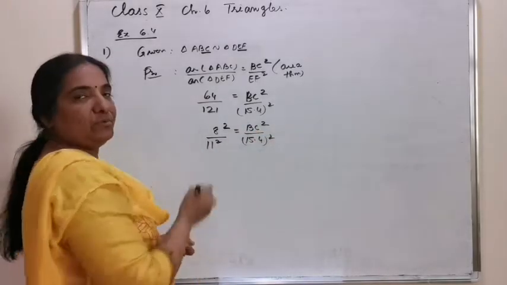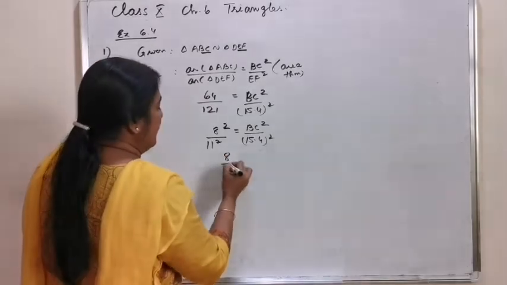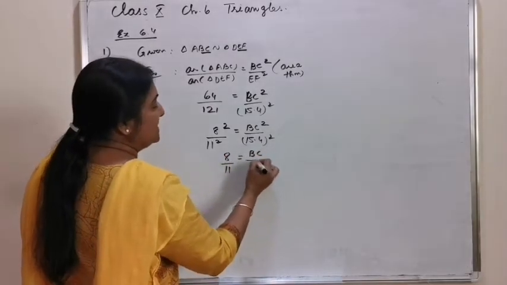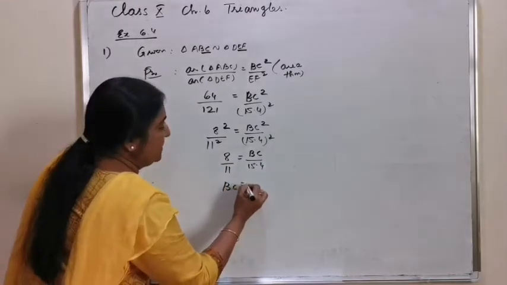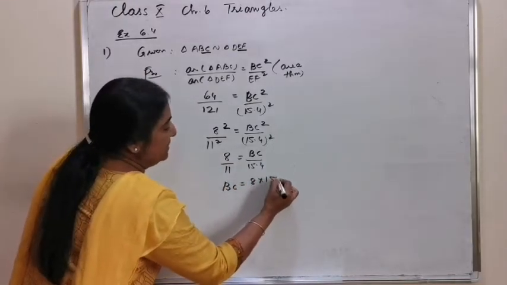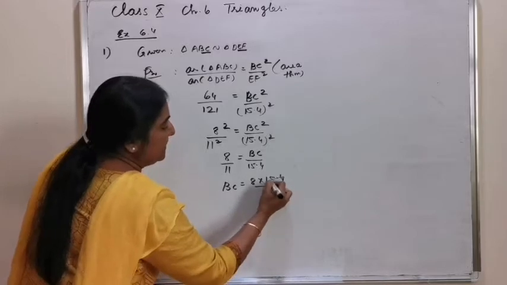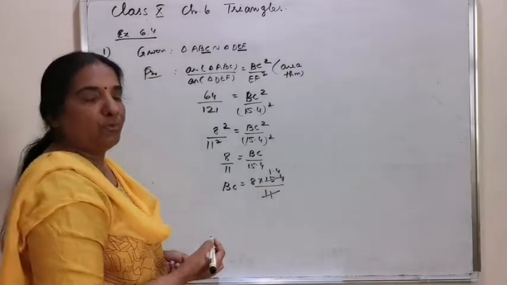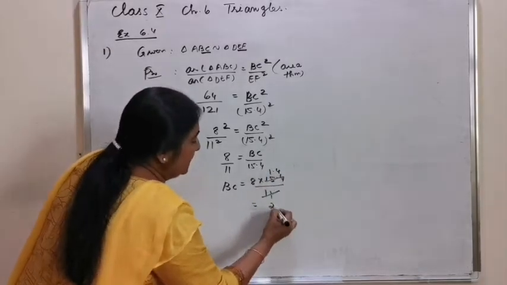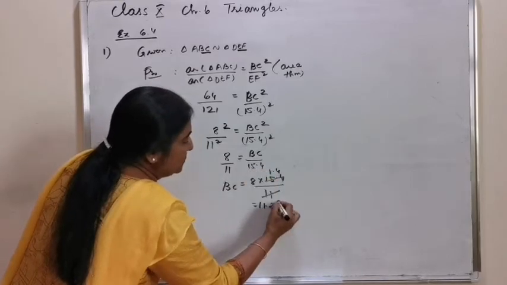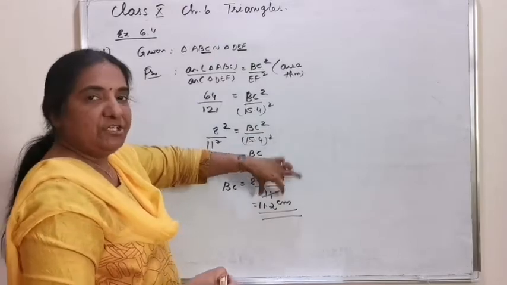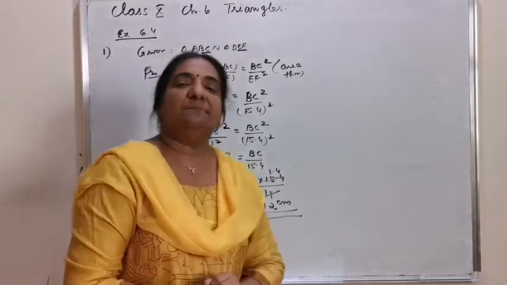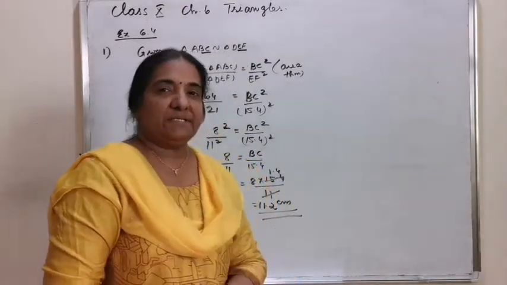By taking the square root on both sides, 8 by 11 is equal to BC by 15.4. BC is equal to 8 into 15.4 by 11, which is 1.4, and 8 fours are 32, so BC is 11.2 centimeters. Try to avoid multiplication and division; most of the time it will get simplified by the numbers.